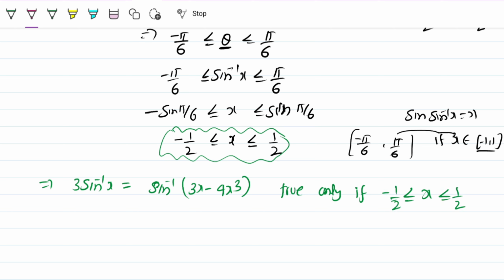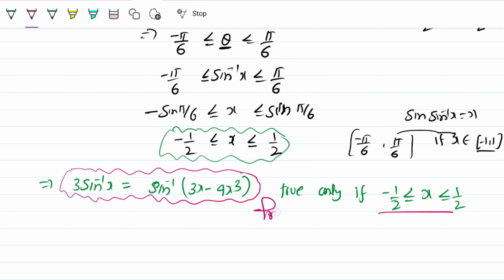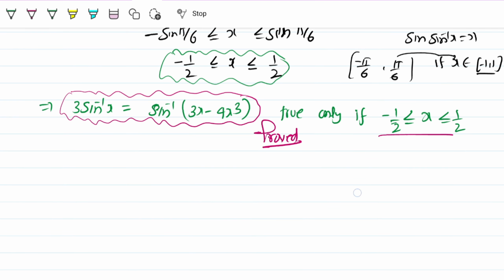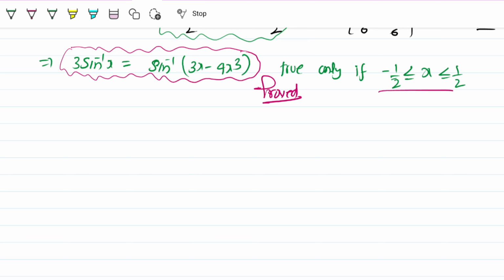I hope now this is clear. Okay, it's very important. You should know the proof behind every little detail. If you are here on this channel, I will make sure you get each and every concept. Okay, in a similar fashion, if I write another identity in terms of cos, then can you tell me the restriction on the domain?